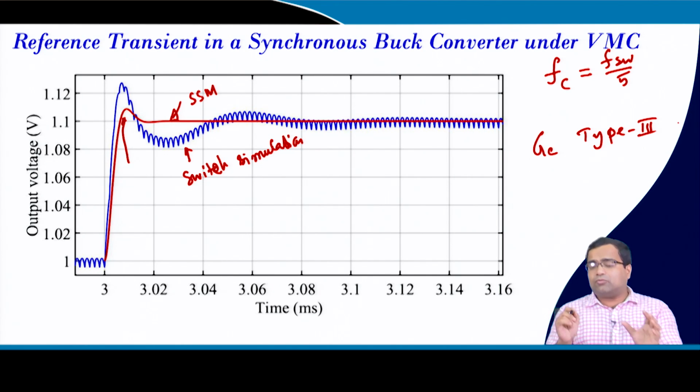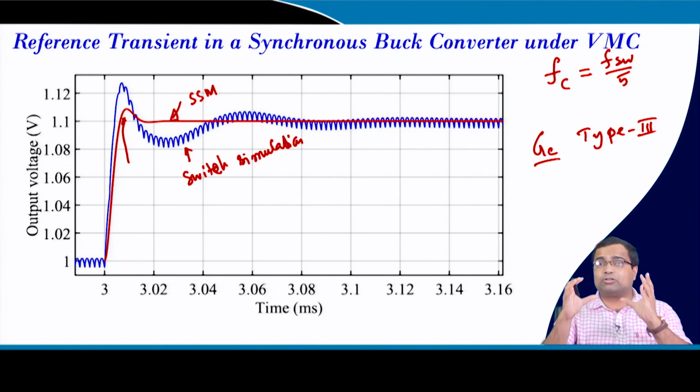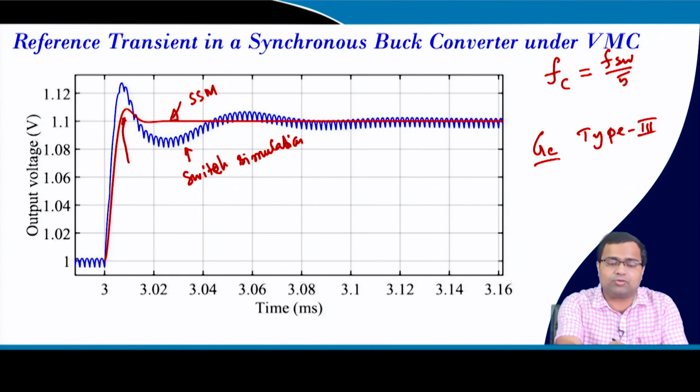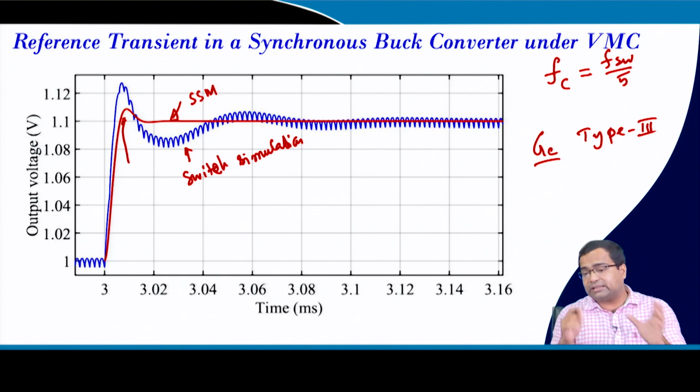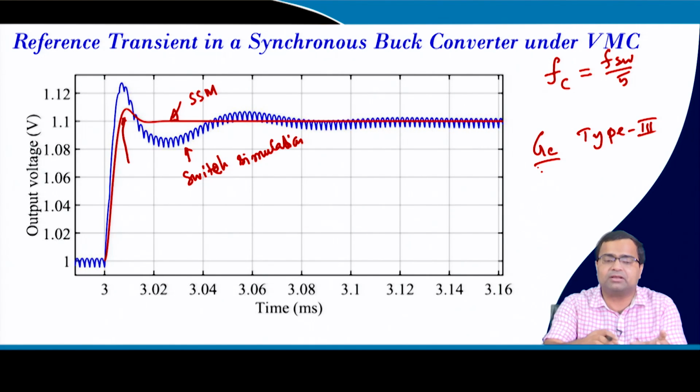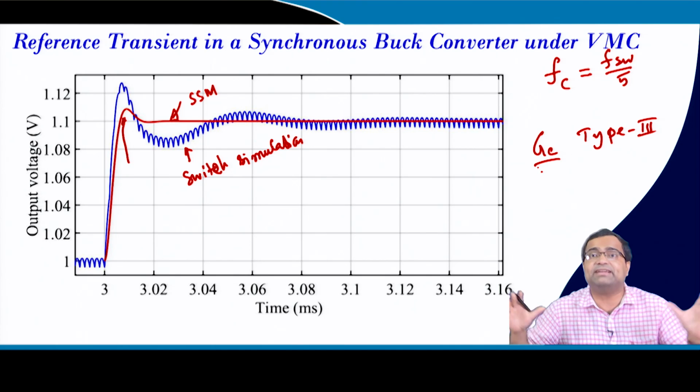So, what are we doing? We are designing this type 3 compensator by considering a small signal model, assuming that you have the model with you. But if you design the compensator from the model, and your model shows this response, but when you apply the same compensator in the actual switching converter, it is deviating largely.